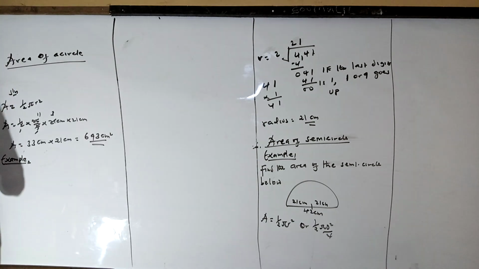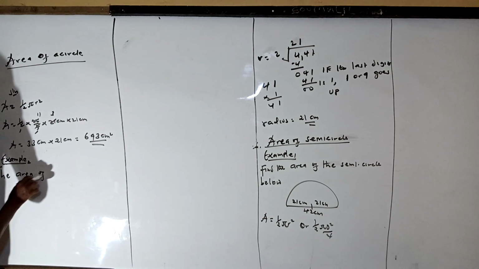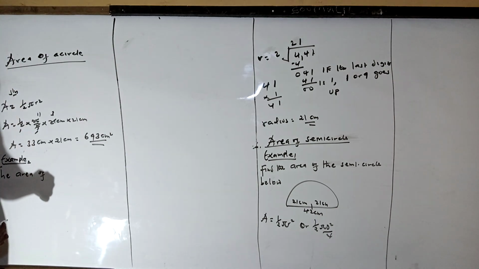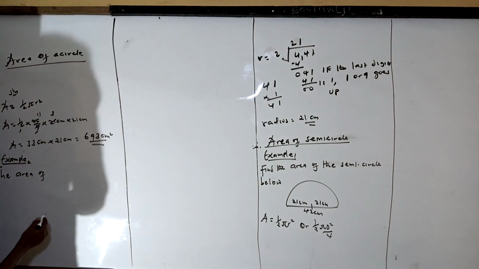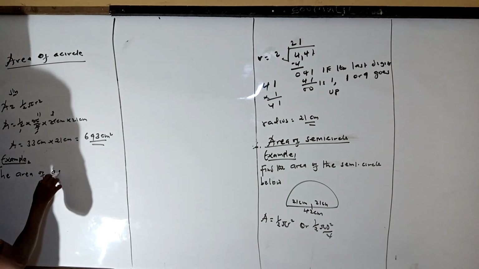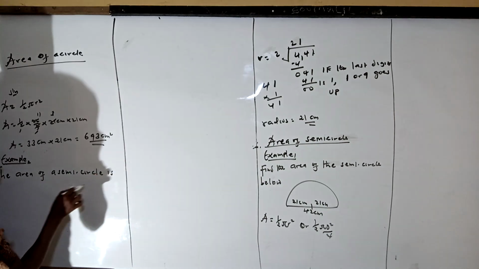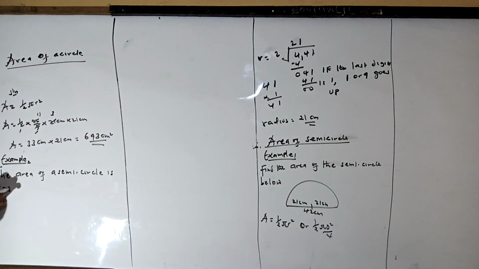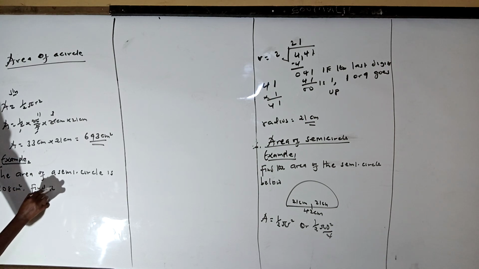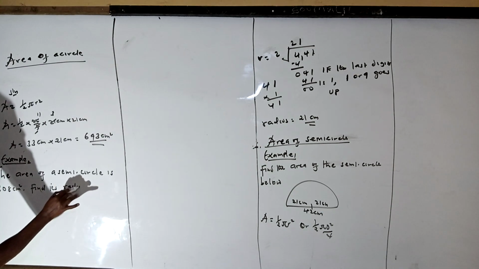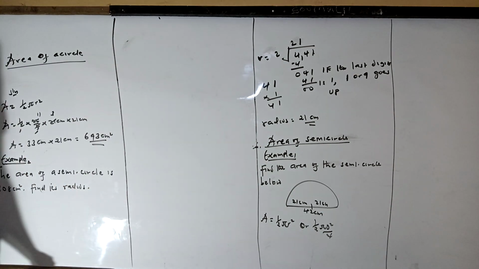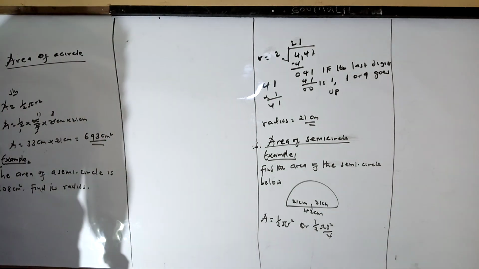Let's say the area of a semicircle is 308 centimeter square. Find its radius.